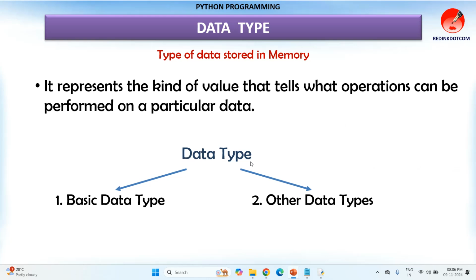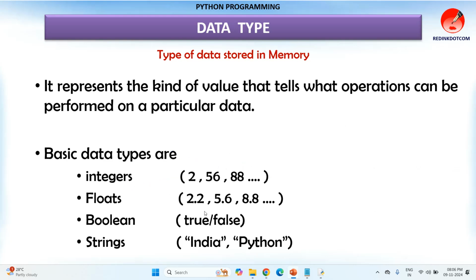There are two categories of data type: one is basic data type, another is other data types. These basic data types are frequently used in most programs. They are integers, floating point numbers, Boolean values, and collections of characters called strings.